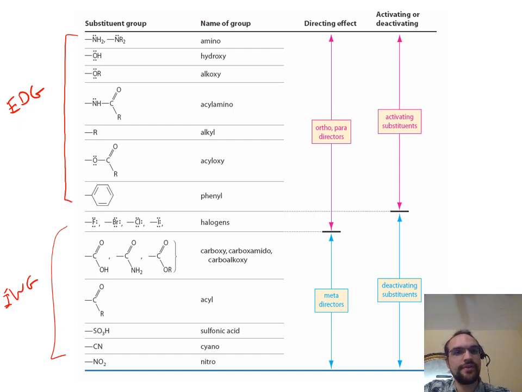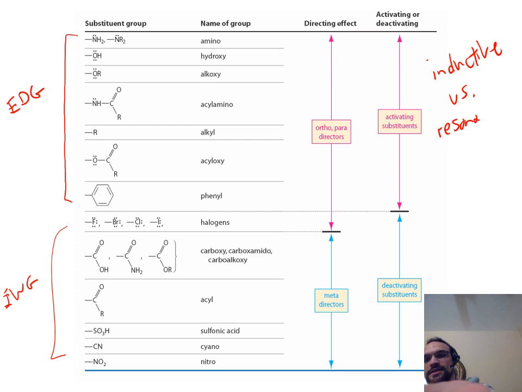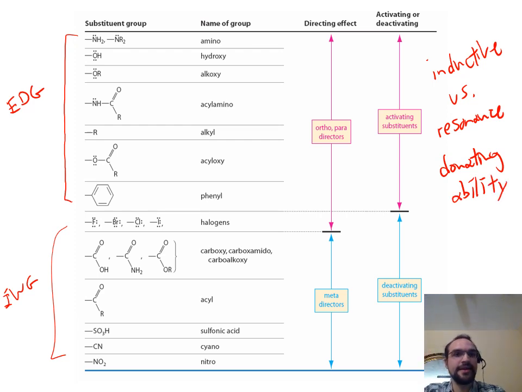So this chart reminds us of some of those things. But one thing I want to point out is the difference between inductive versus resonance donating ability. Remember something like an ether, for example.